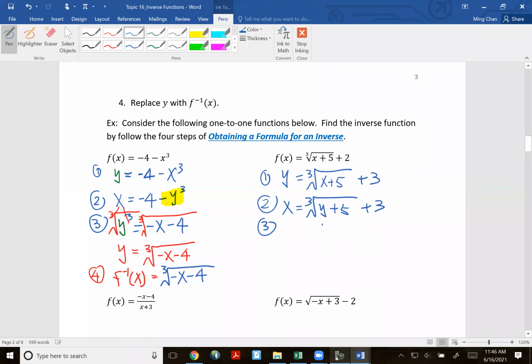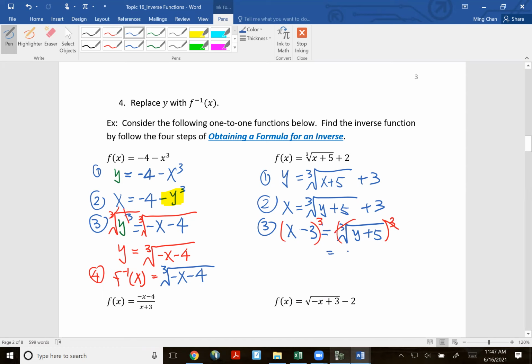I'm gonna get rid of the cube root, but I need to move the 3 over first. So that'll be x minus 3 equals cube root of y plus 5. To get rid of the cube root, I'll just cube both sides. All right, that cancels out.